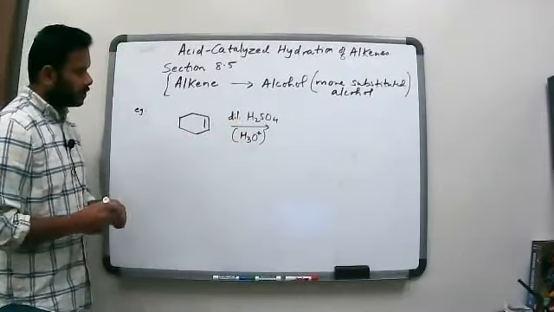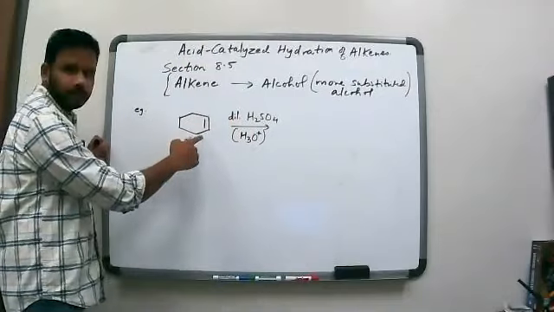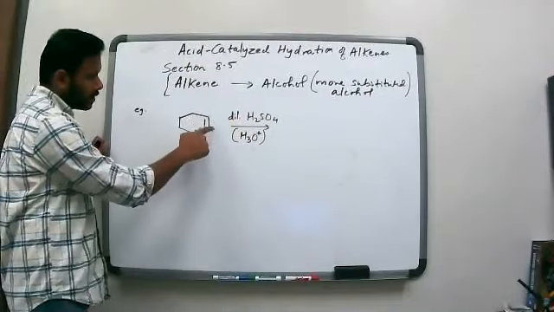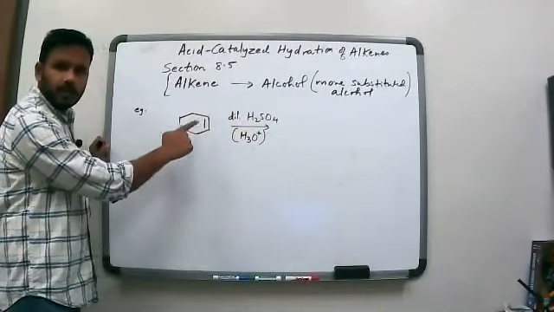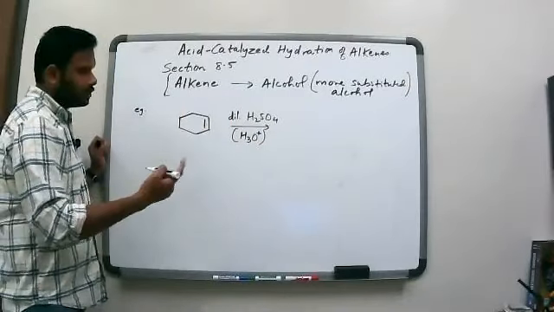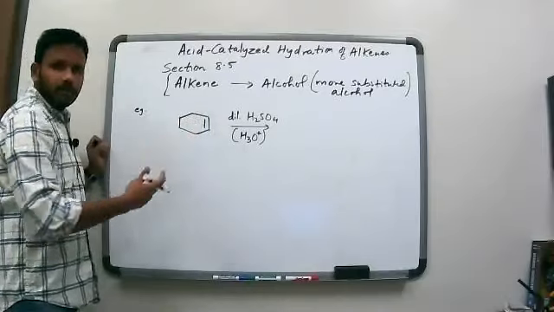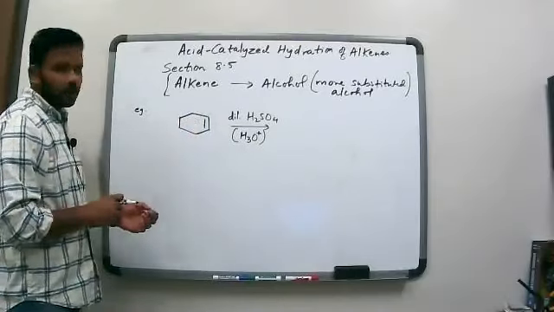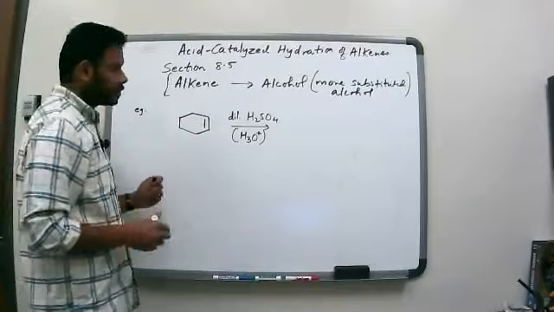Now when you look at the alkene here, notice how these carbons are equally substituted. This has one substituent, and that also has one substituent. So in this particular case, there's no competition in terms of where the hydroxyl would land.